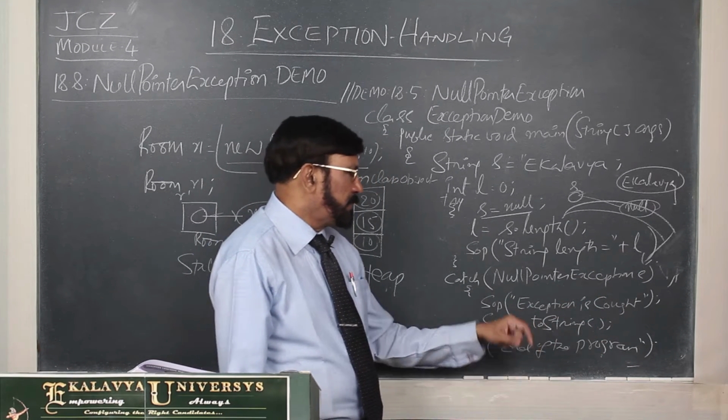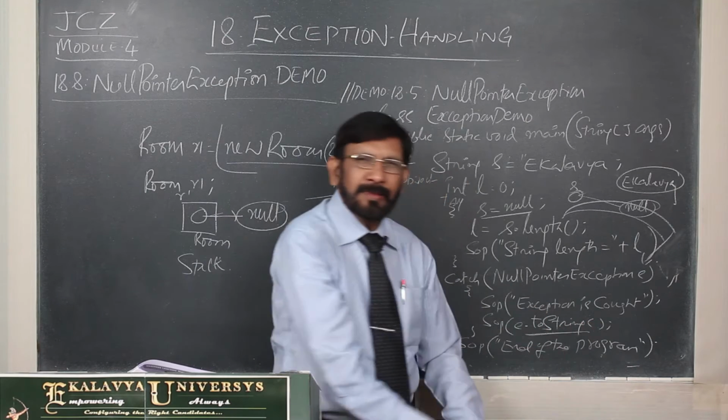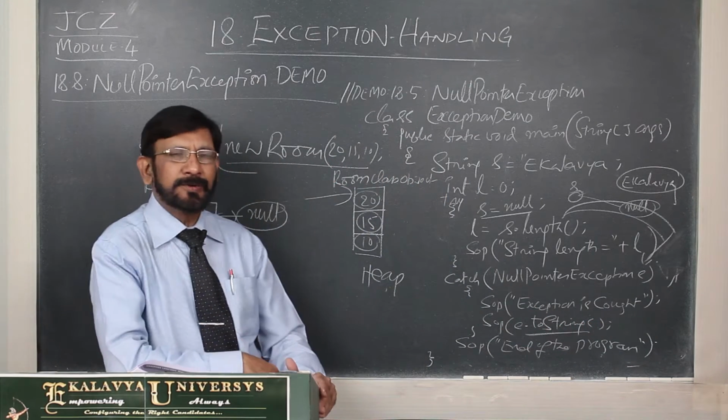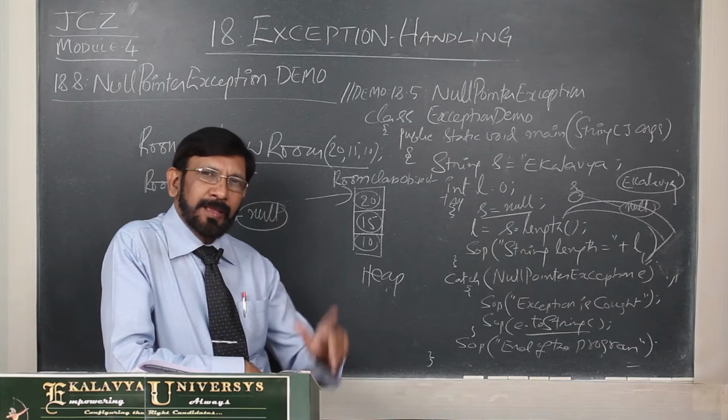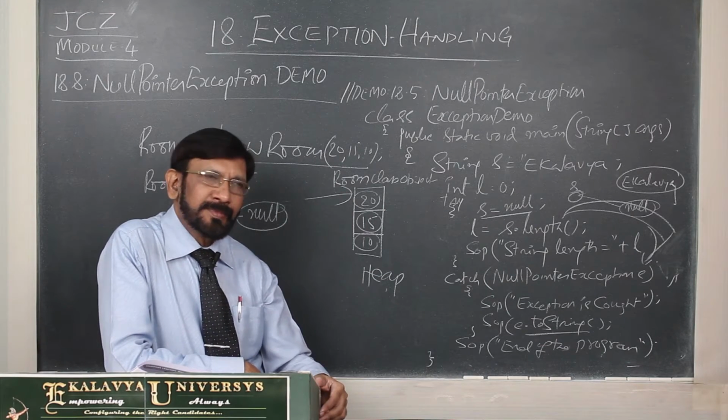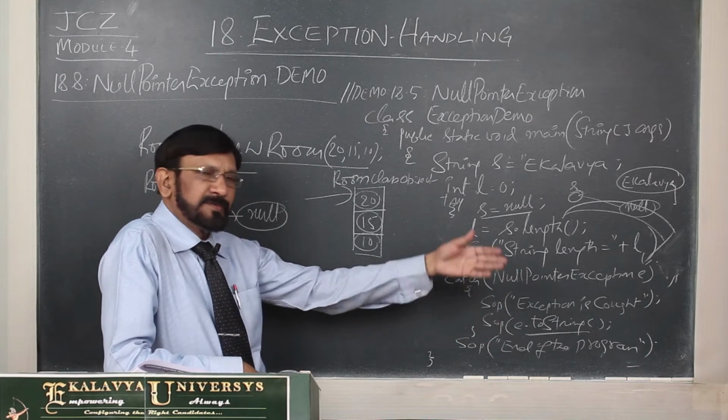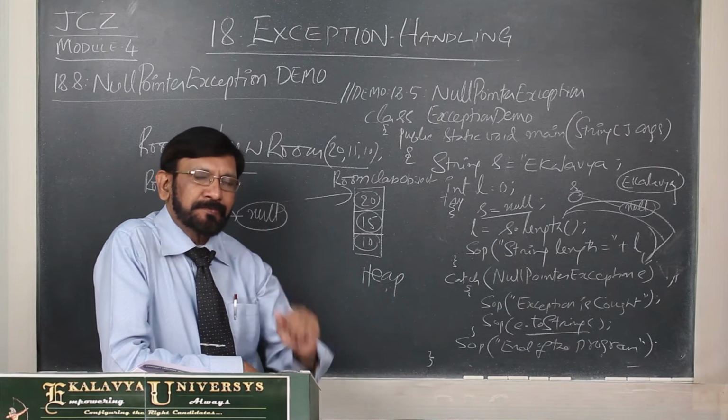Thereafter, you have to know about this toString. Already I explained about toString. toString is an Object class method, that means this exception class overrides it for its purpose.